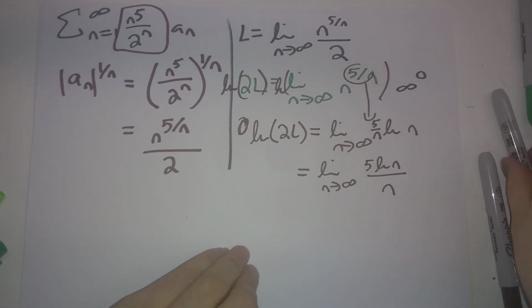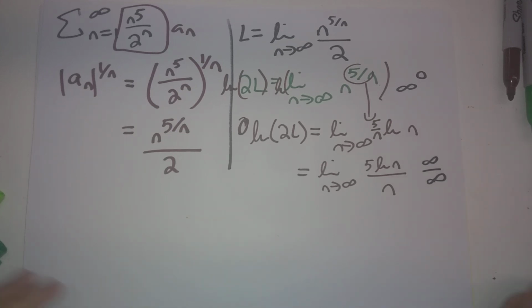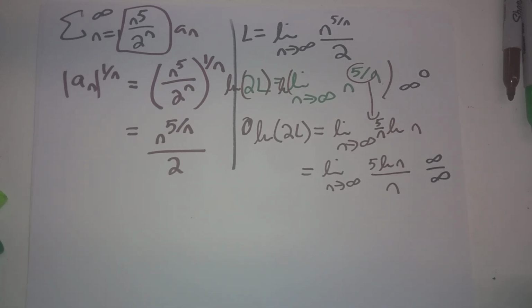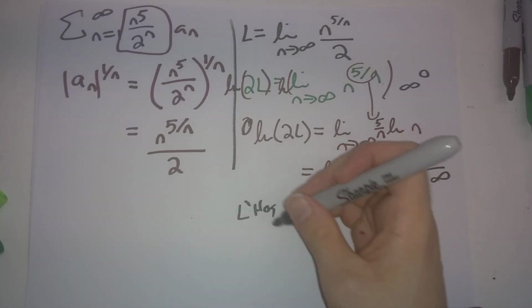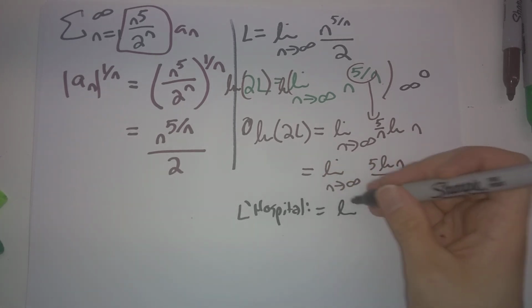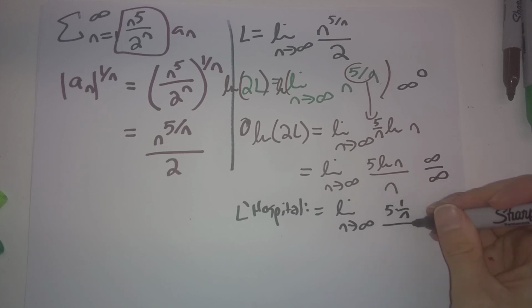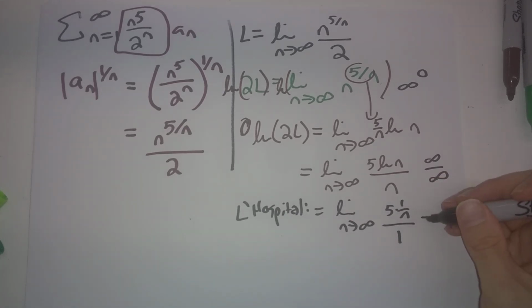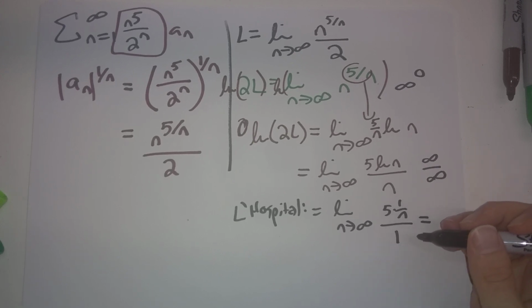So now we are in an infinity over infinity indeterminate form. Life is great here. We can use L'Hopital. And so, what do we end up with? The limit as n goes to infinity of 5 times 1 over n divided by 1. And 5 divided by n as n is going to infinity, that's just going to be 0.